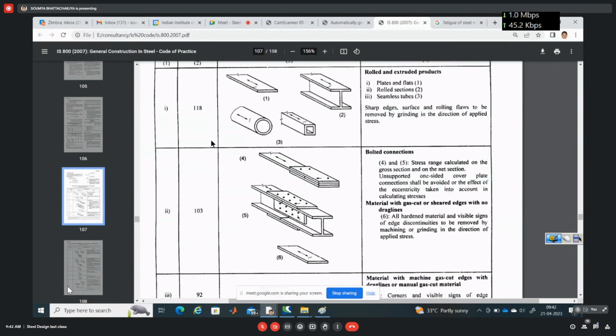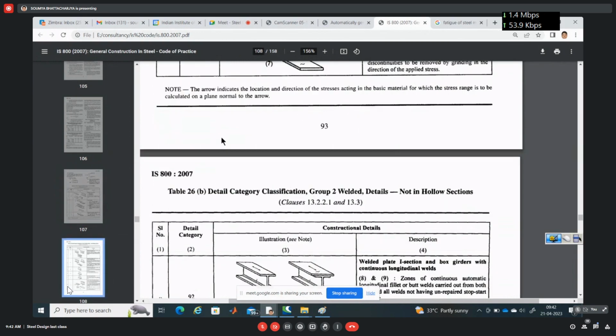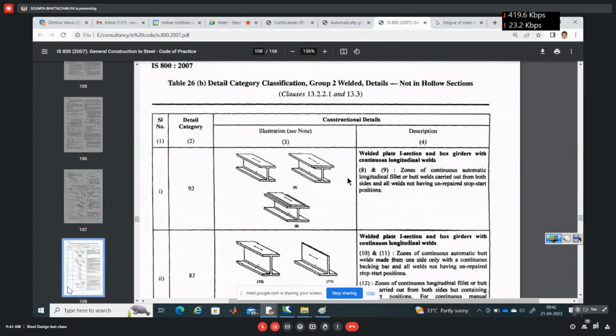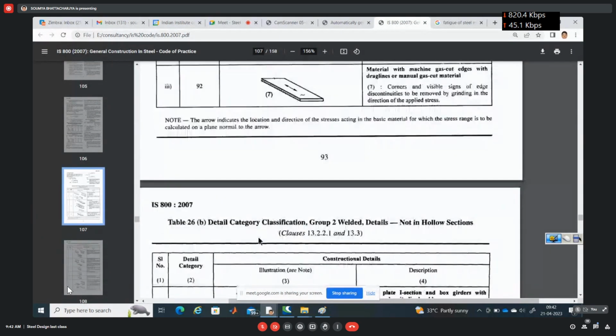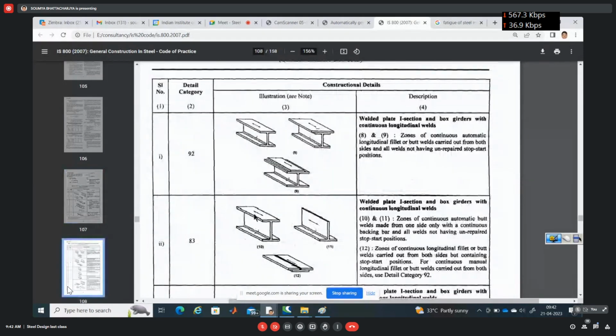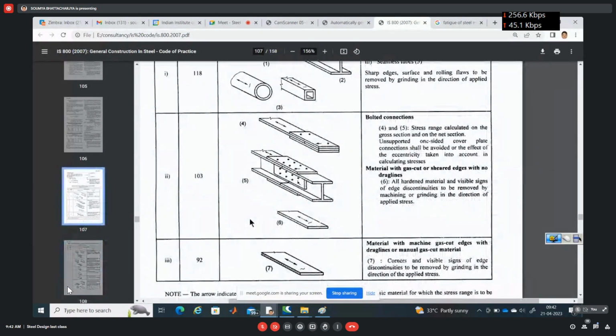So the higher the detail category, the higher the strength in fatigue. Again, you see there is a continuous weld, so the detail category is 92. If you compare bolt and weld, bolt is stronger in fatigue.